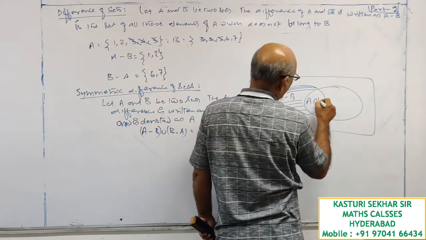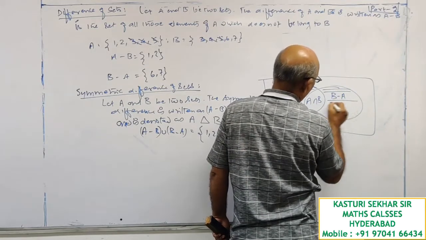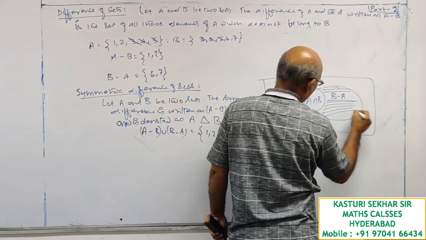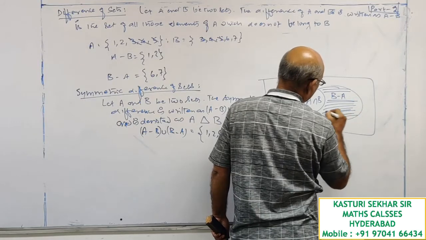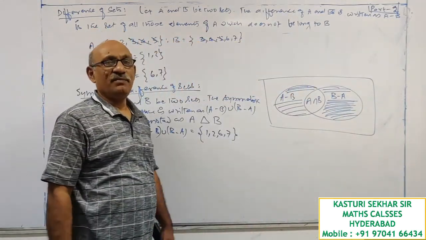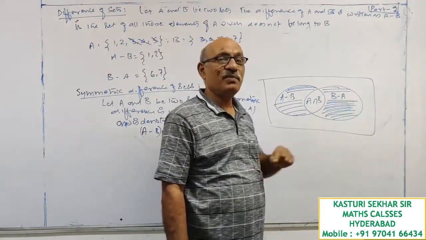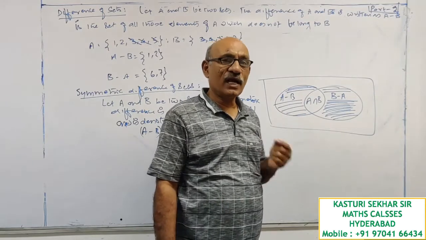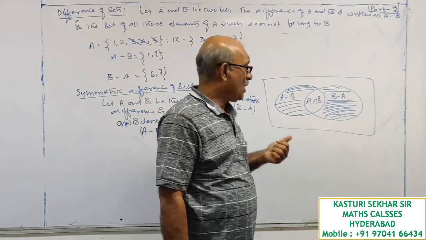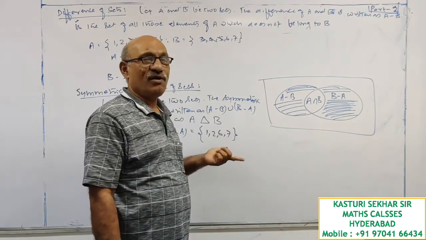This is A intersection B, completely ignored, and this is B minus A. Only this part you are considering. A minus B, B minus A, this part as well as this part. So which part am I completely ignoring? The elements which are common for A and B I am ignoring. So it contains the elements of A minus B or elements of B minus A.